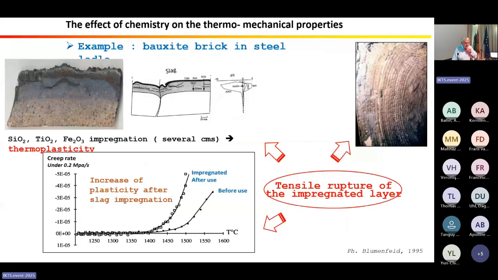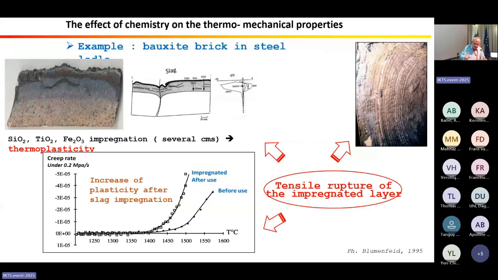So, just 3 examples. The first example concerns a bauxite brick in a steel ladle. So you have a view of the bricks, and we observe that we have a great impregnation by silica, titanium oxide, iron oxide over several centimeters. That means that in the zone which is impregnated, we have thermoplasticity.